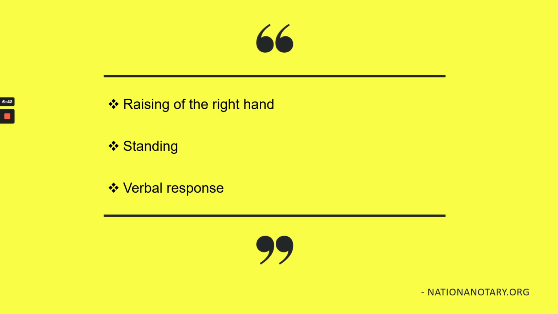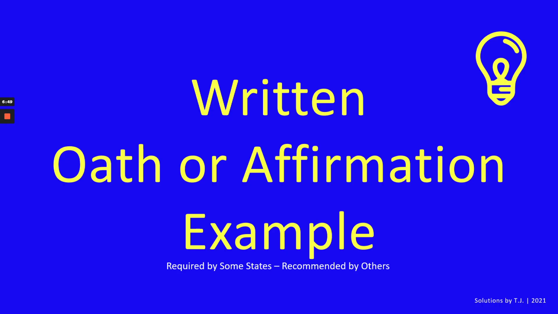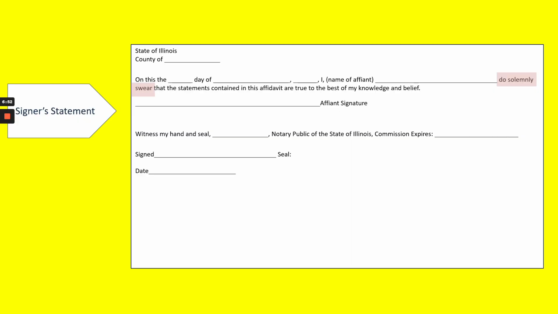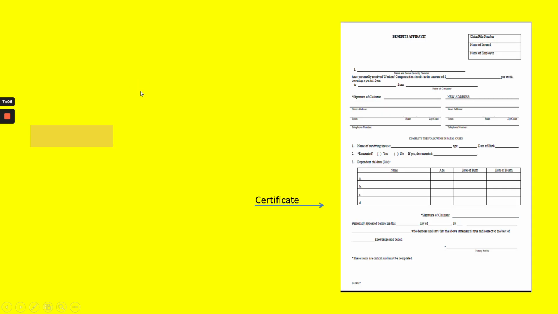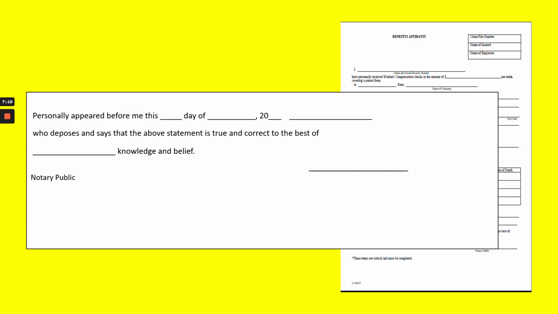All right. If it's an oral ceremony, then they are standing, raising their hand, and they will provide a verbal response. And if it's written, then it will have the language, do so solemnly swear, or depose. As you can see here, do so solemnly swear. And then you have this document where I'll bring it a little bigger, where it says, this person personally appeared before me this 26th day of November 2021.